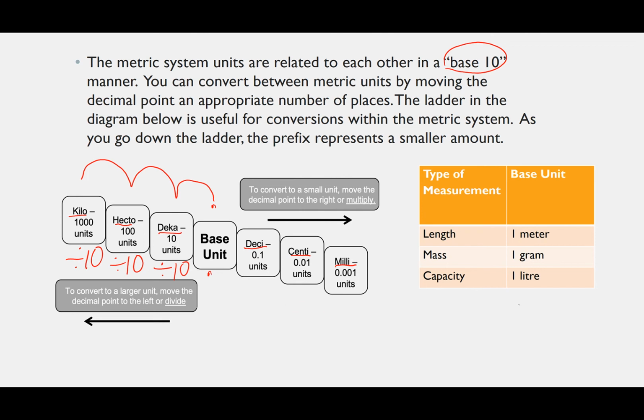To convert to a smaller unit, you can move the decimal place to the right, or you can multiply. So we can go times 10, times 10 again, times 10 again. It's important to know the base units in this table. For length, the base unit is always 1 meter. For mass, the base unit is always 1 gram. And for capacity, the base unit is always 1 liter.